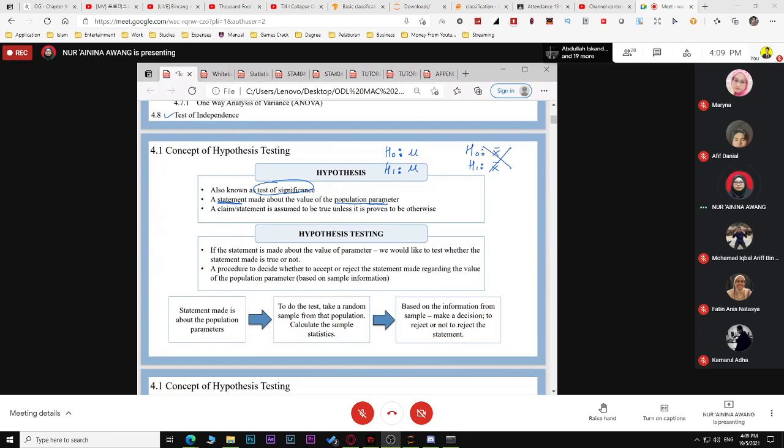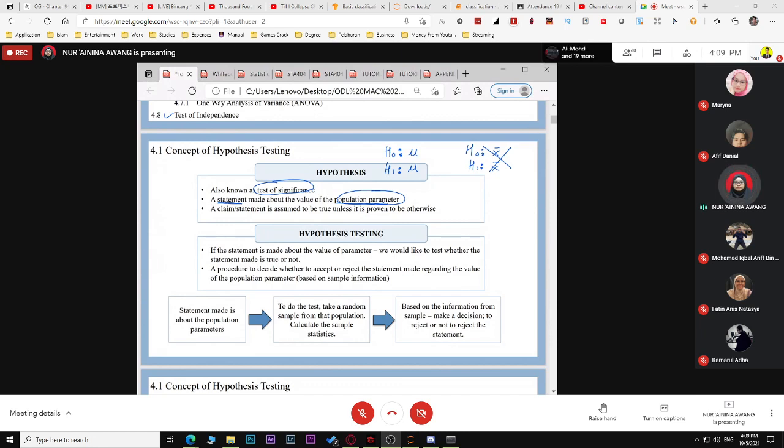It must be a population parameter. Whether it is the mean, standard deviation or variance, make sure all the values are for the population. But in our syllabus, we only cover the population mean. That's why your hypothesis will be in terms of mu only.